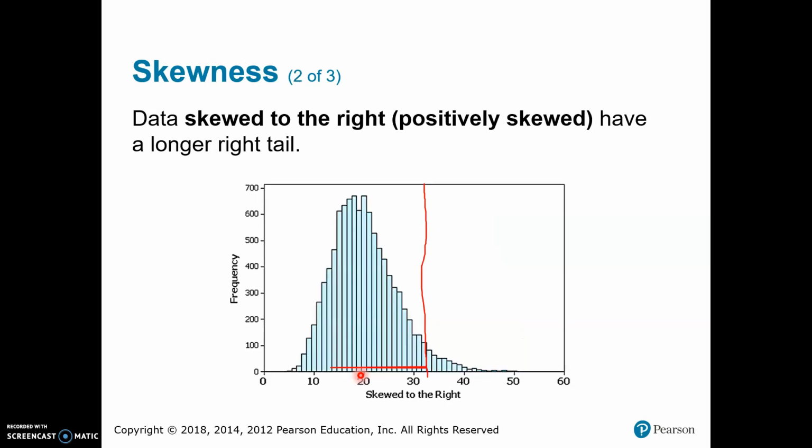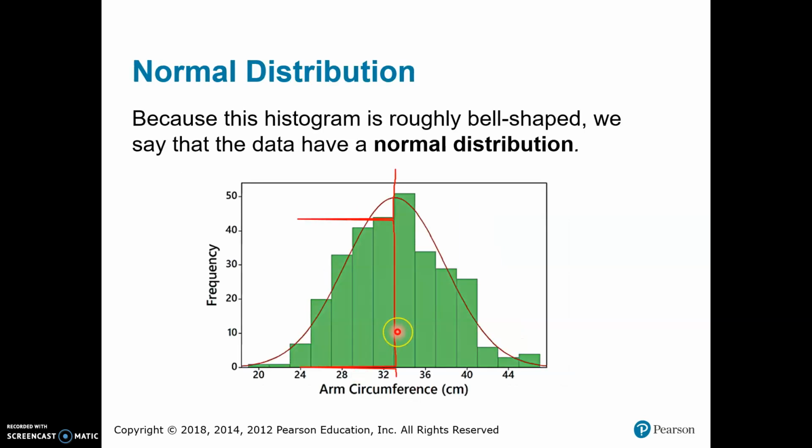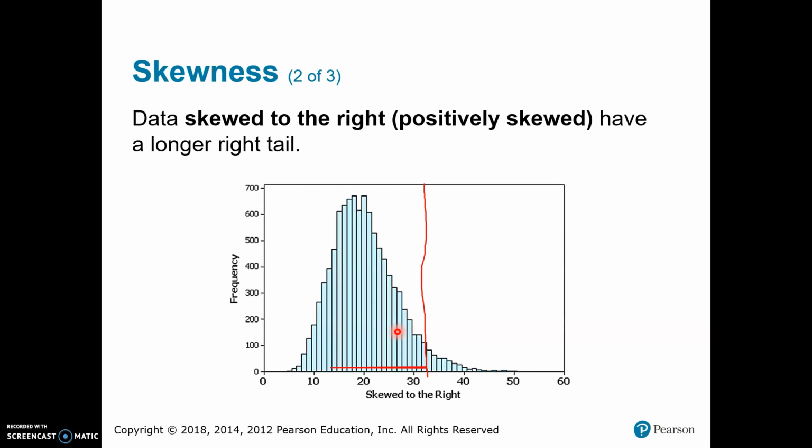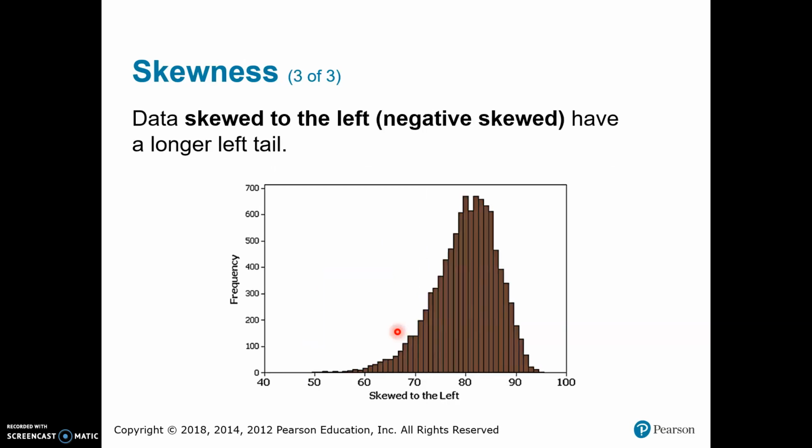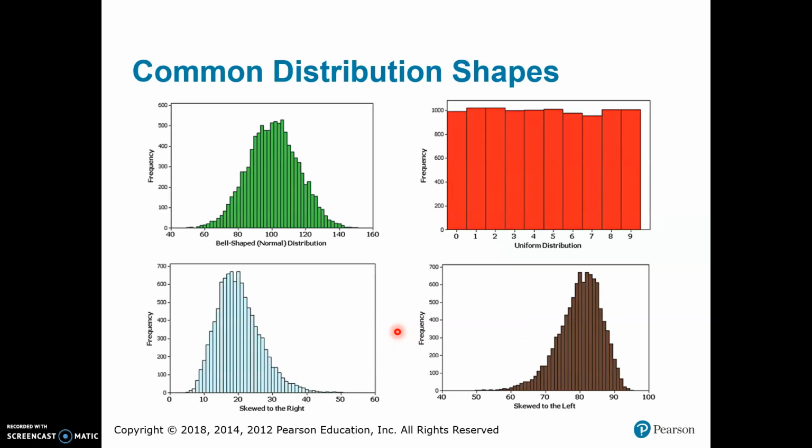So far you see normal, skew to the right, skew to the left, but together we have 4 types or 4 shapes. Again, you saw the normal, the bell curve, you saw the skew to the right, you also saw skew to the left.